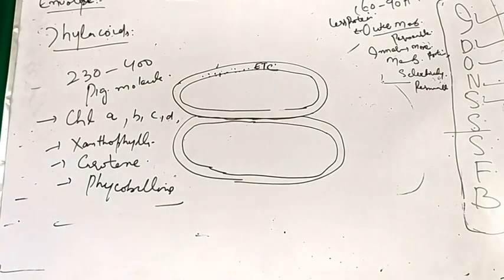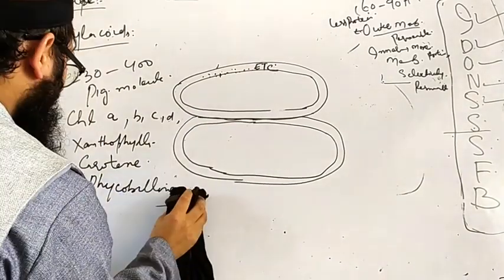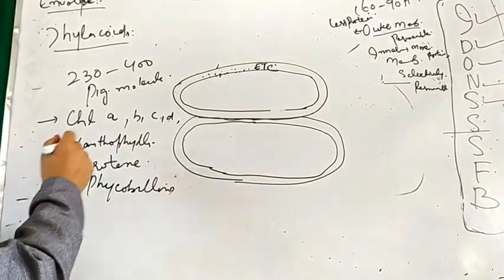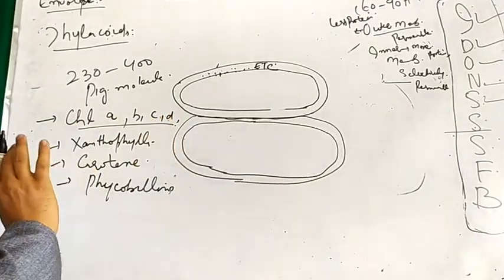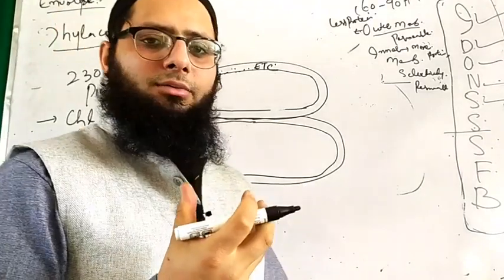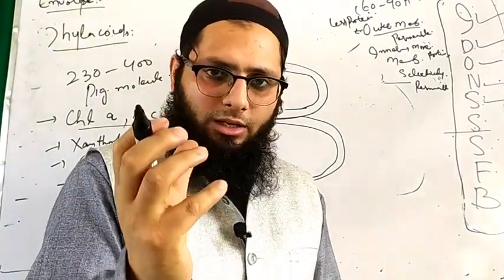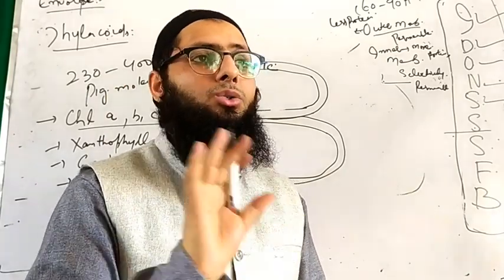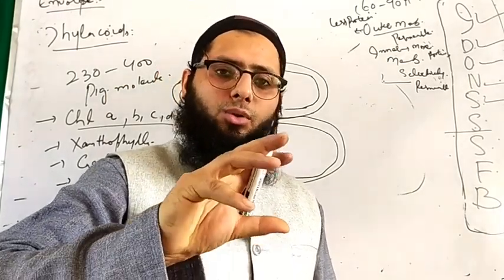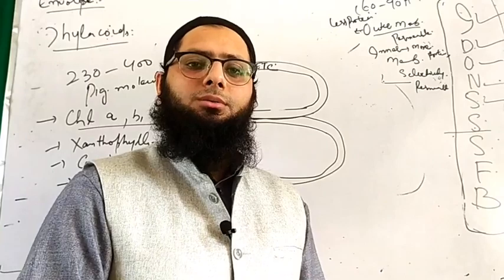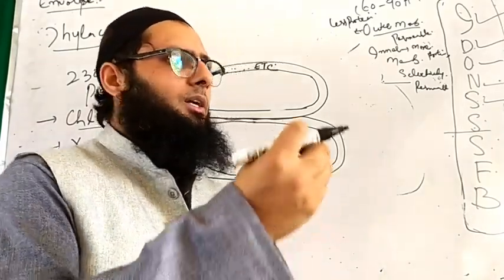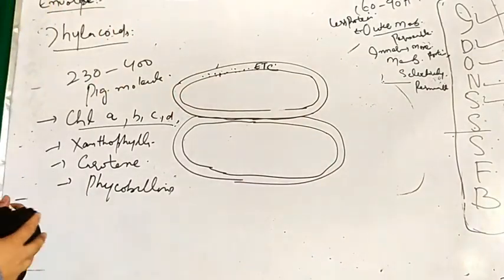Okay, so the second thing which we discussed is that these pigment molecules, because we have the pigments over there, in collaboration with some proteins, chlorophyll binding proteins, we have two light trapping systems, which we call photosystems.